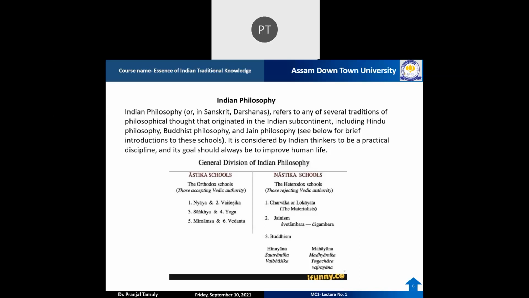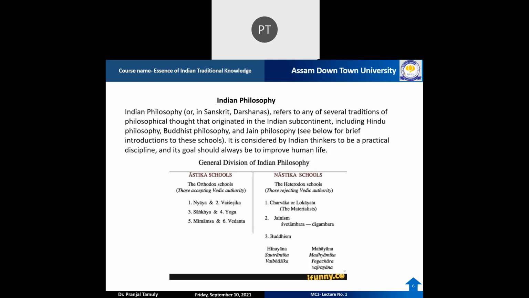It is considered by Indian thinkers to be a practical discipline, and its goal is to improve human life. So the goal of Indian philosophy is mainly how can we improve our human life, how can we improve our mind? These are the main concerns of Indian philosophy.